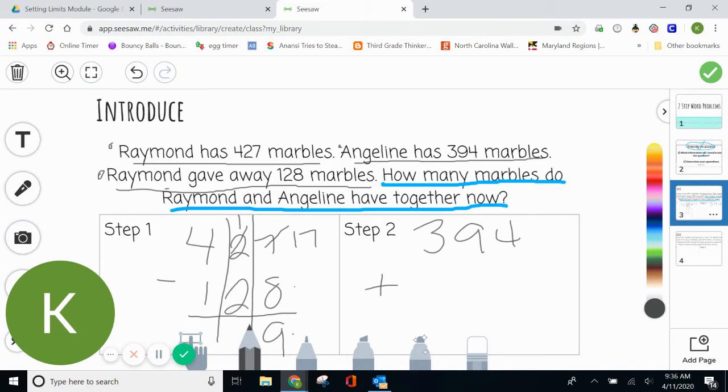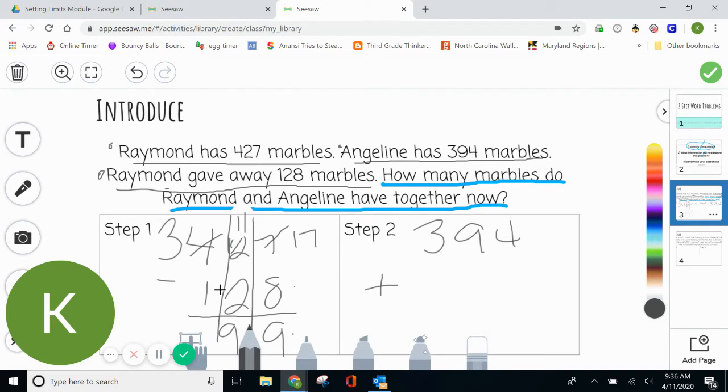I can't do 1 ten minus 2 tens, so once again, I'm going to have to regroup, going over to my hundreds. My hundreds are going to give over 10 tens, or 100, making this 11 tens. 400s gave away 100, so it's now 300s. 11 tens minus 2 tens is going to be 9 tens.